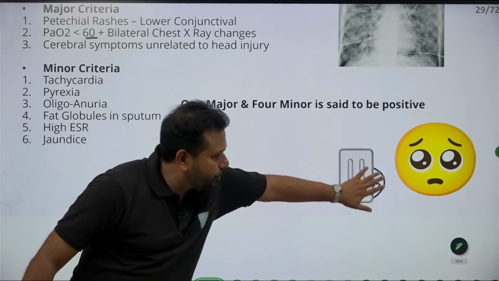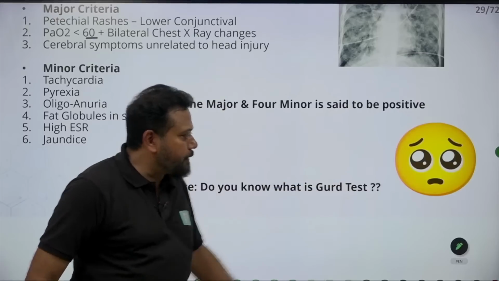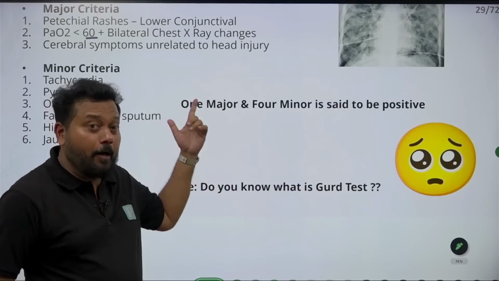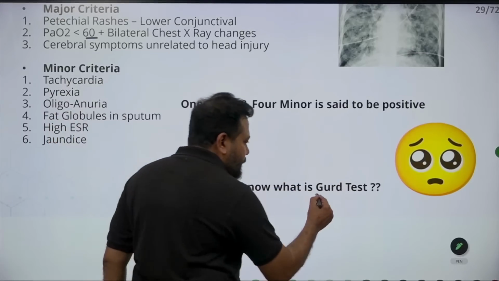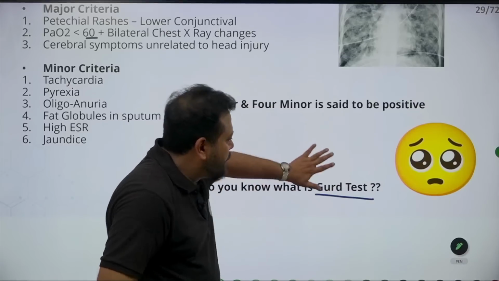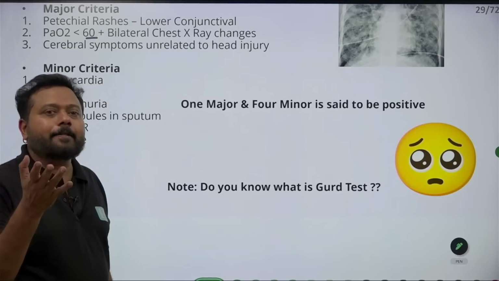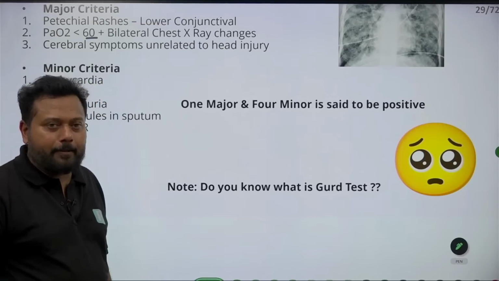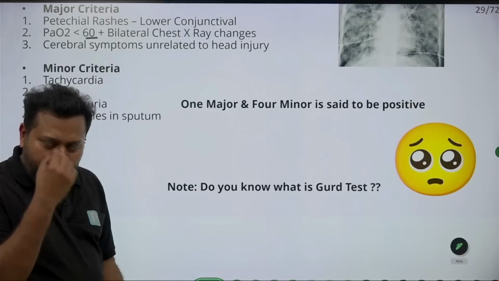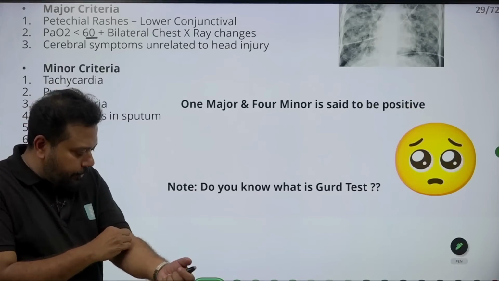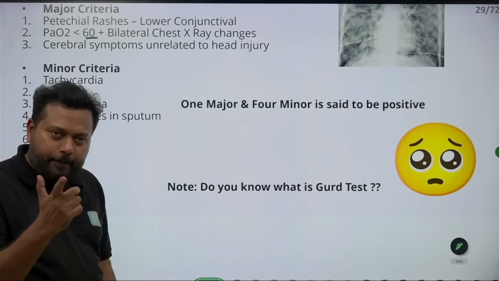I am expecting this question soon, because they had asked about Gurd's criteria. This is an expected question. Gurd's test is a bedside investigation, a very simple investigation, 100% diagnostic of fat embolism. What is that? Please listen. You just take 5 ml of the patient's venous blood.